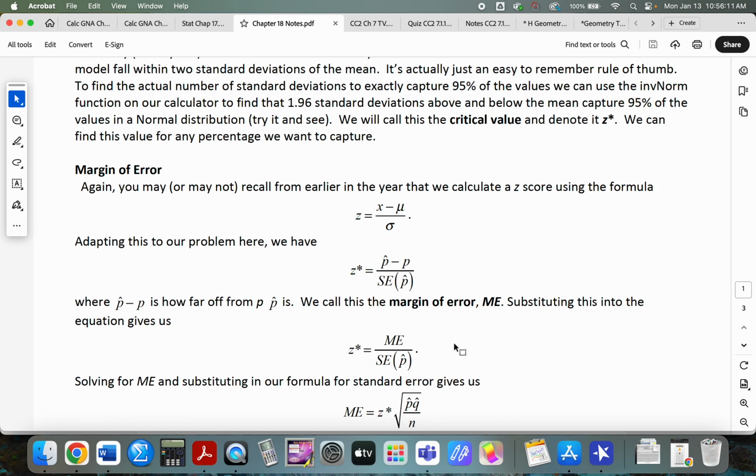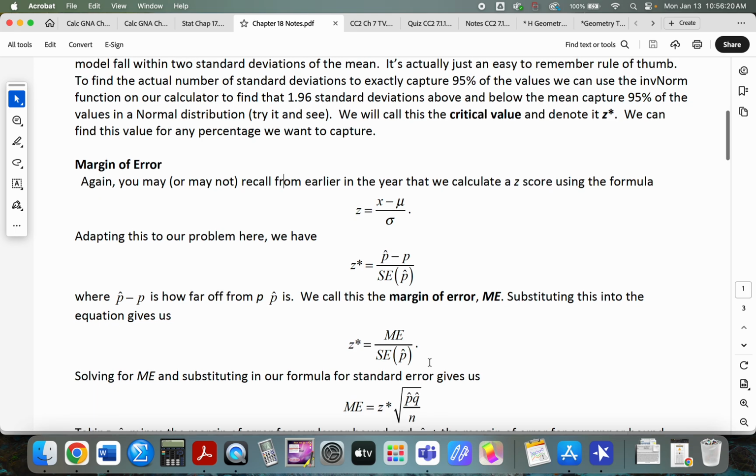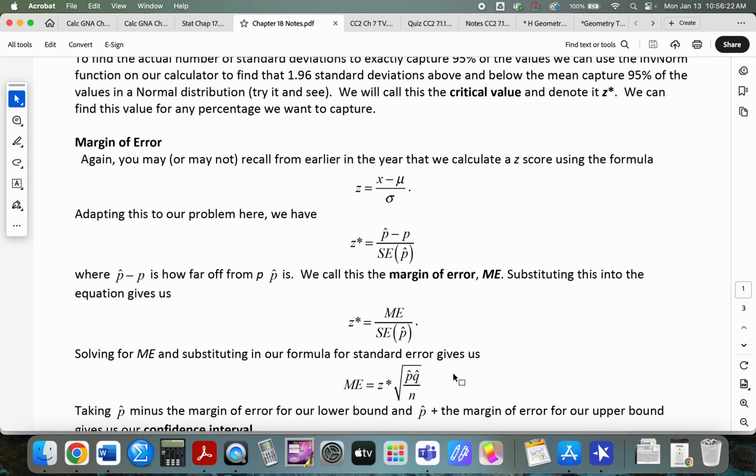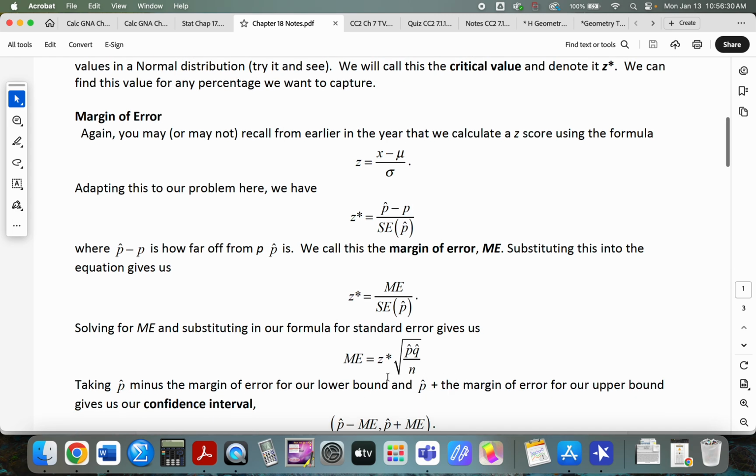So substituting that in, z critical is equal to the margin of error divided by the standard deviation or standard error. Solving for the margin of error and using our formula for the standard error, we get that z critical times the square root of p hat q hat over n gives you the margin of error.